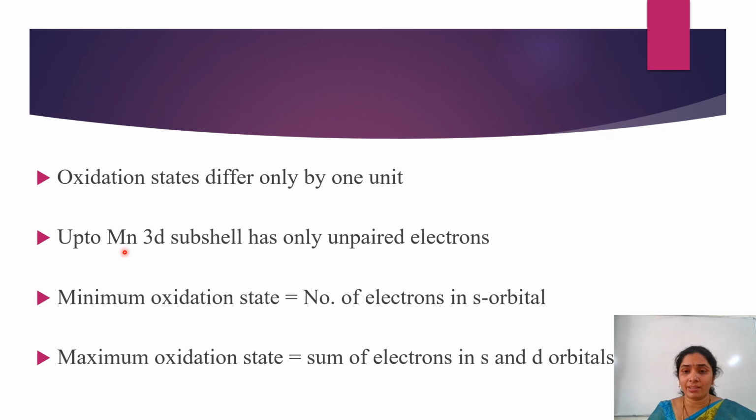Up to Mn, manganese, the 3d subshell has only unpaired electrons, but after manganese the pairing starts. For the elements of the 3d series, the minimum oxidation state of any element is equal to the number of electrons in the s orbital, and the maximum oxidation state is equal to the sum of electrons in the s and d orbitals.